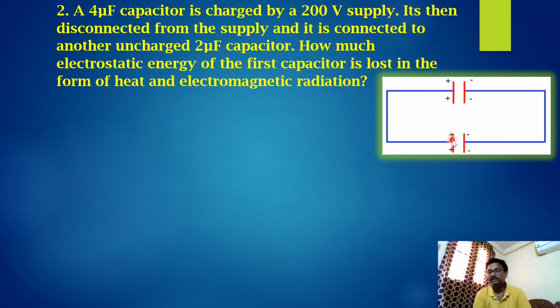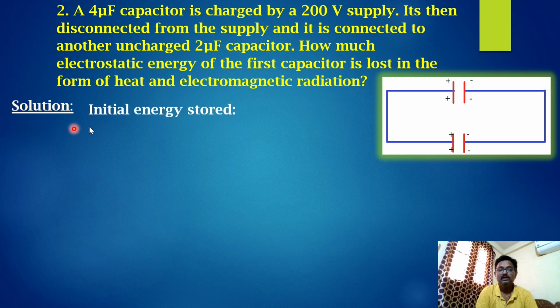Later it is connected with another uncharged 2 microfarad capacitor. How much electrostatic energy of the first capacitor is lost in the form of heat and electromagnetic radiation? So we have to find the loss of energy in the first capacitor.